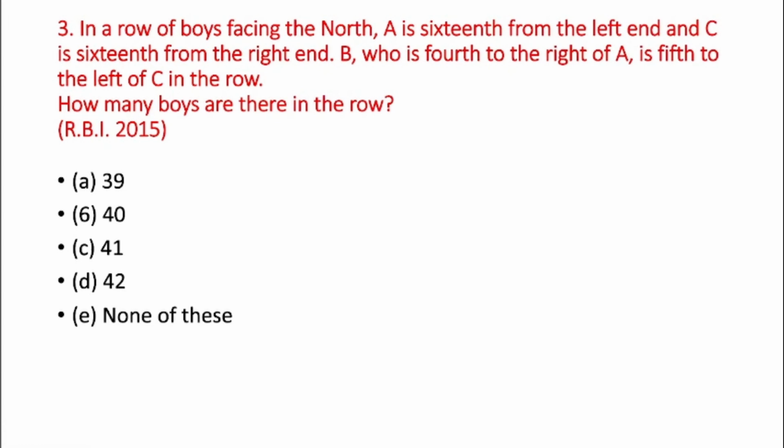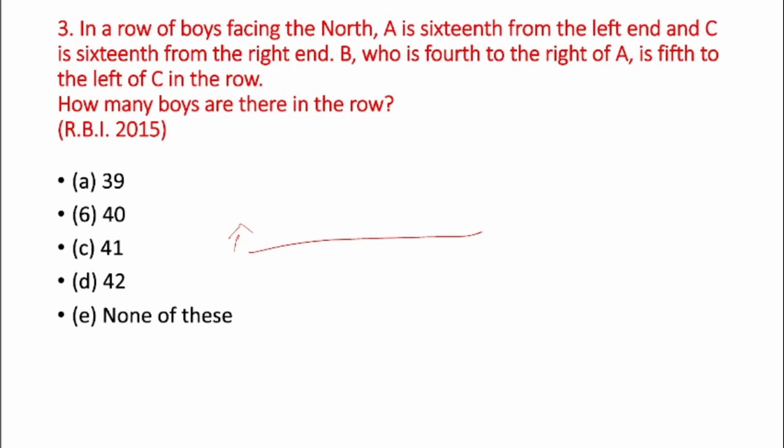In a row of boys facing north, that means everyone is facing north, right? Facing north means they are all facing towards up, right? A is 16th from the left end and C is 16th from the right end. B, who is fourth to the right of A, is fifth to the left of C in the row. How many boys are there in the row?